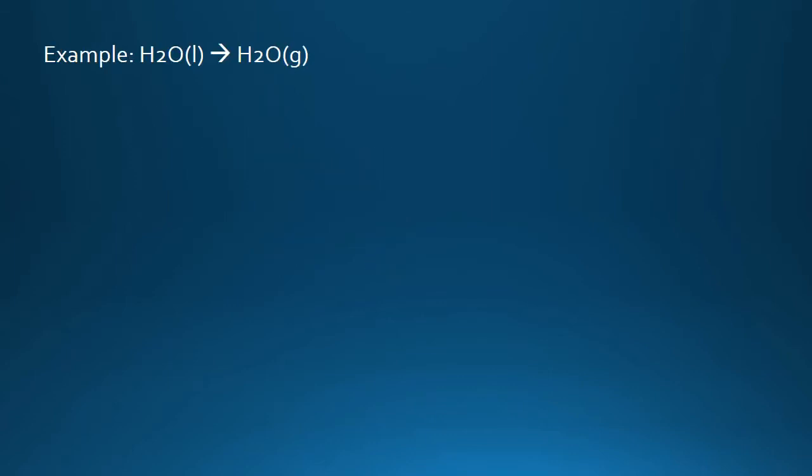So let's look at an example of how to go through the delta G calculation. So we have water, and we have liquid water turning into gaseous water. First, before we actually go through and calculate anything, let's think about this.